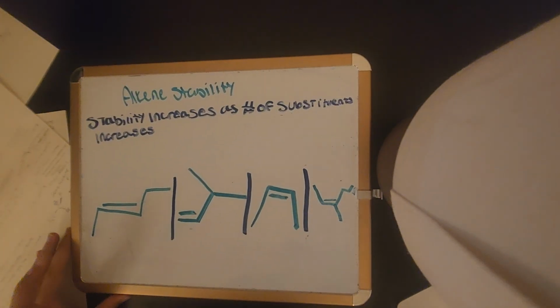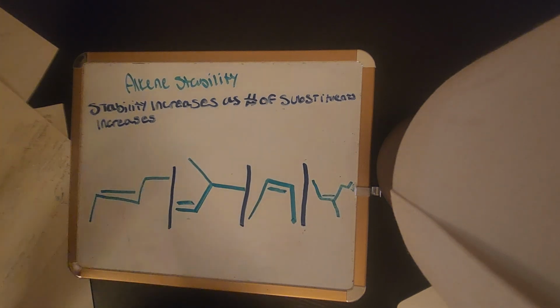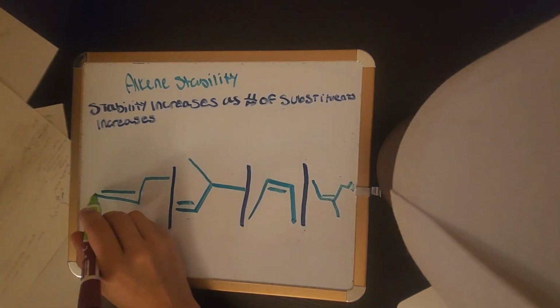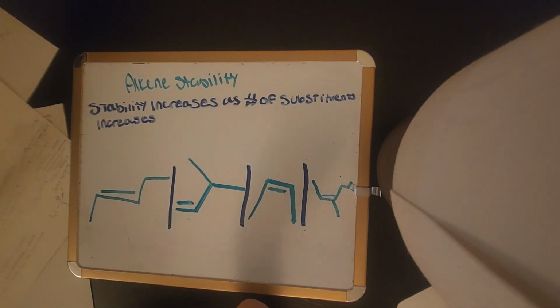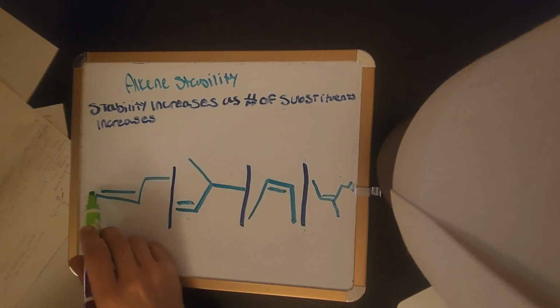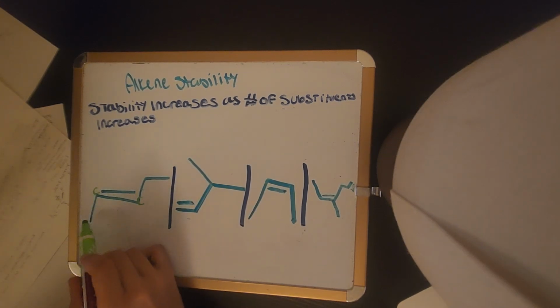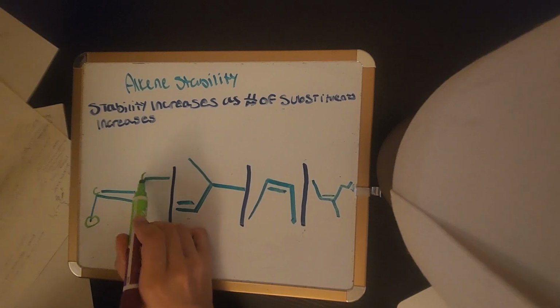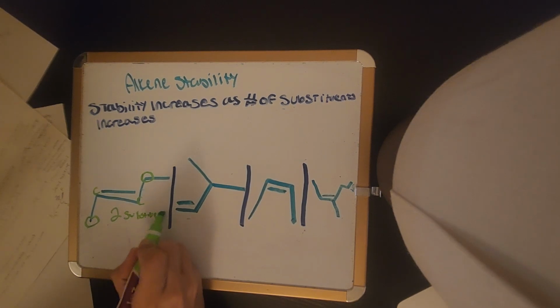Okay, next thing we're going to look at is alkene stability. Alkene stability increases as the number of substituents increases. Substituents refers to the carbons that touch the alkene on either side. In this case, this carbon here is going to touch this and this, which means it has two substituents.